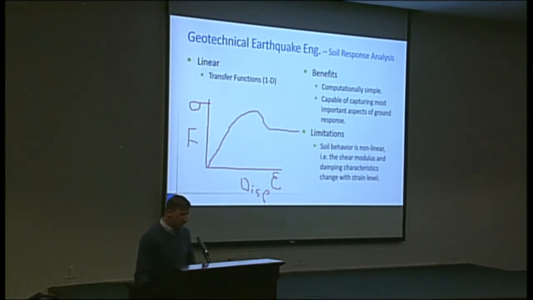We are looking at the shear modulus, which is the slope of this line here, which is not always the same. The initial one is really steep, but say you're out here, it's less steep, so it will change throughout the period of this. And that's why 1D linear is not very effective. They developed a way to get around that.